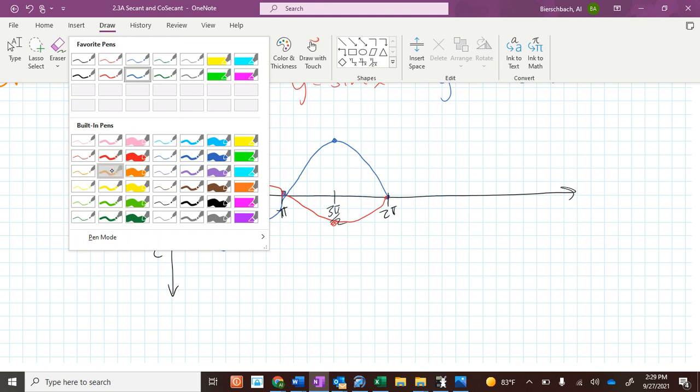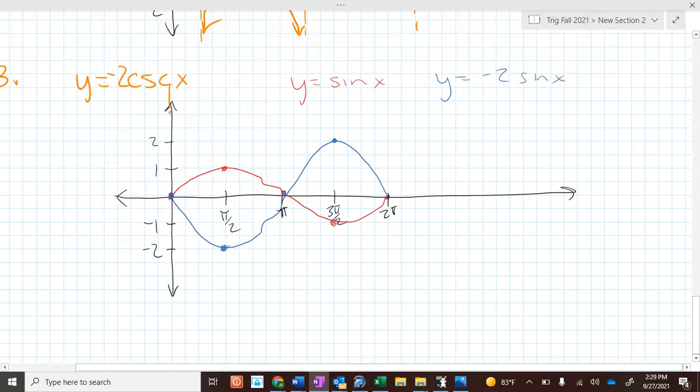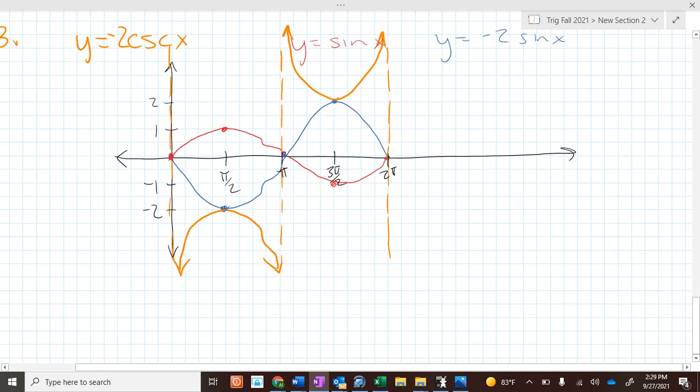And then asymptotes. And then from the blue, that's where you draw your parabolas. Okay?